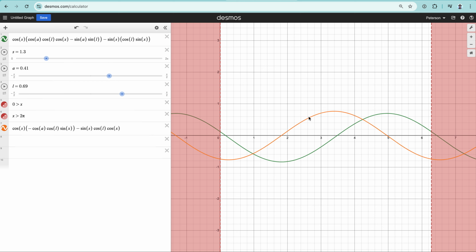And the reason I want to look at the derivative is because we want to know the duration of the sunrise and the sunset. So we want to look at how fast this point is transitioning from nighttime to daytime or from daytime to nighttime. And that means we need its derivative. In particular, we need its derivative when the green curve is at zero.